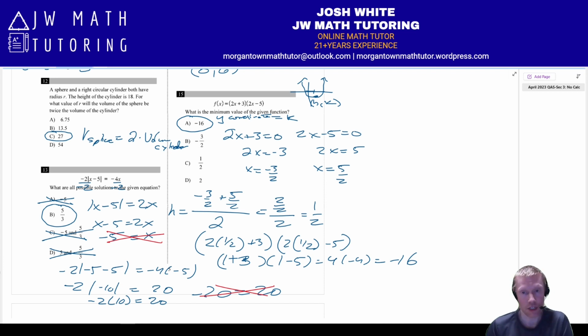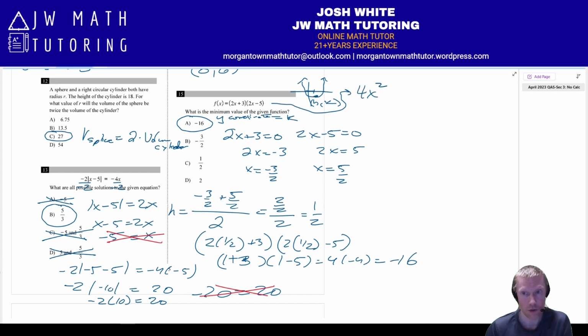Now, let's say you didn't know or you forgot that property about the x-intercepts being symmetrical on either side of the vertex. Instead, what you might do is find the h value using this method. So what you would want to do is FOIL out these parentheses to put the function into standard form or quadratic form.